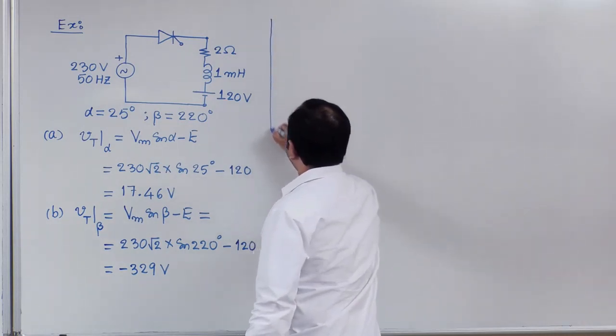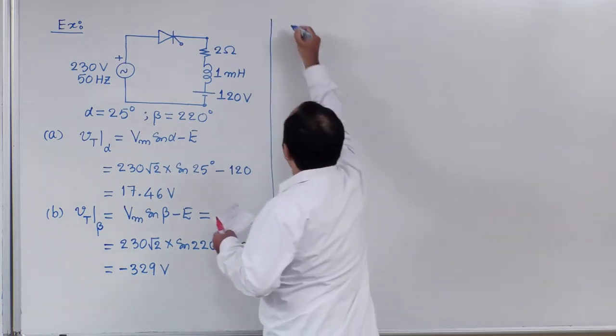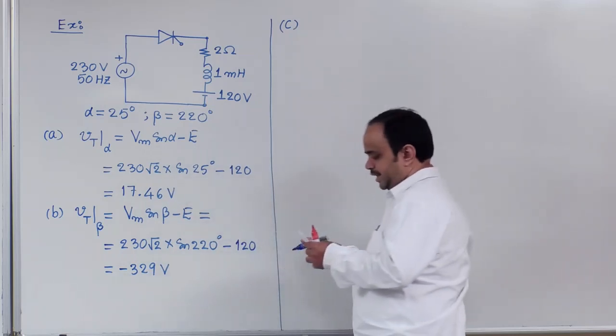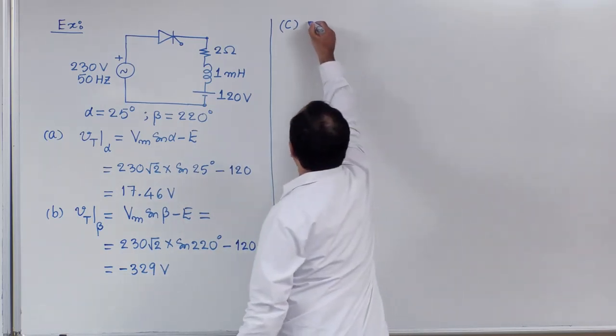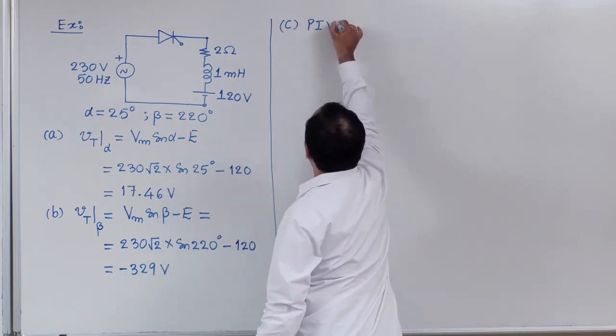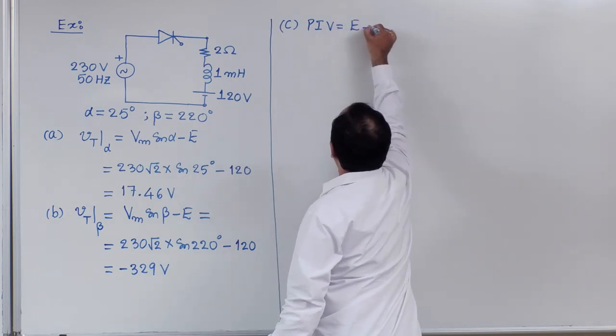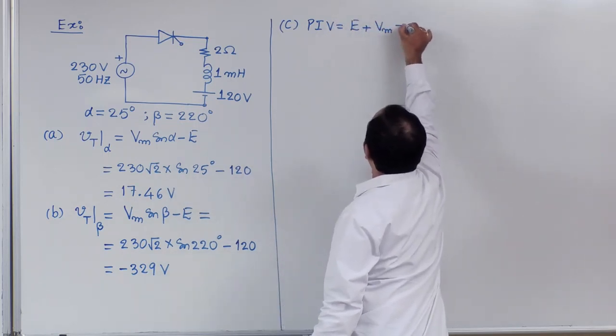Next question. Question C, that is PIV rating of the device. PIV is equal to load EMF E plus Vm.